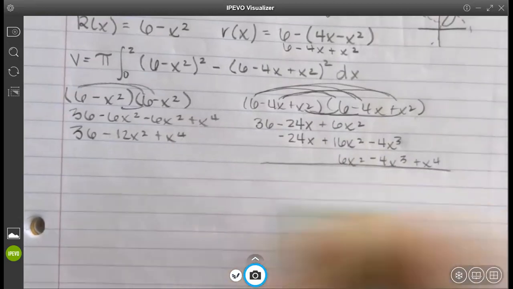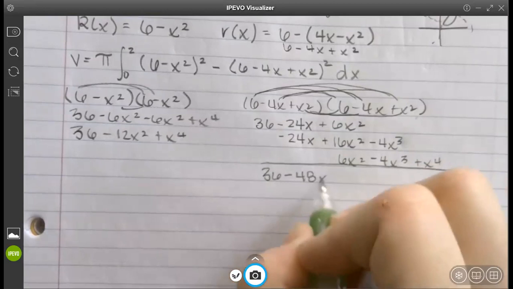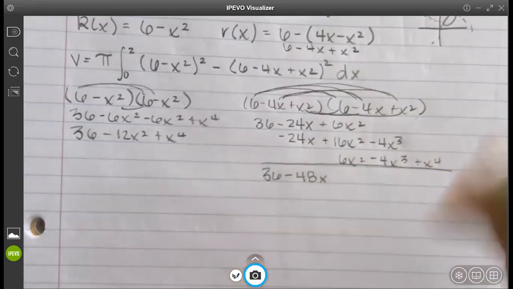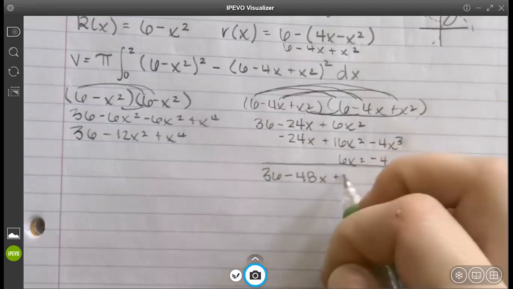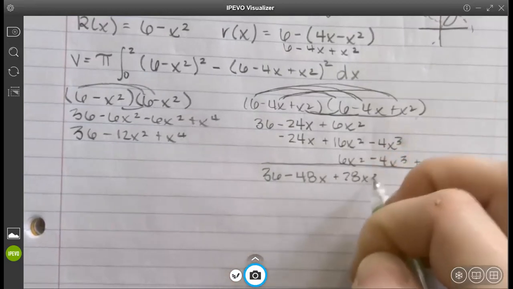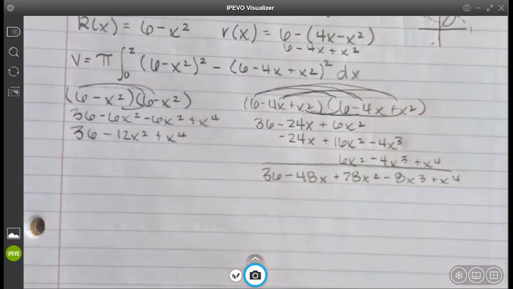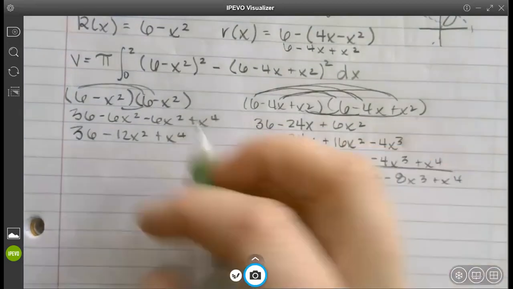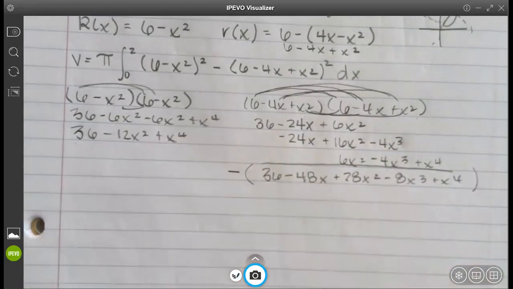So this, when you add it up, gives you 36 minus 48x, 16 plus 6 plus 6, minus 8x cubed plus x to the fourth. Remember that we're taking this function and we're subtracting this one.